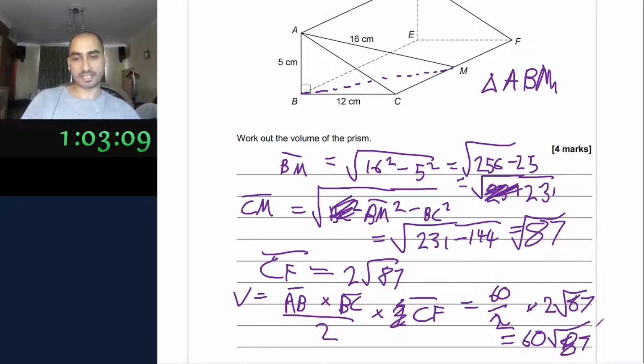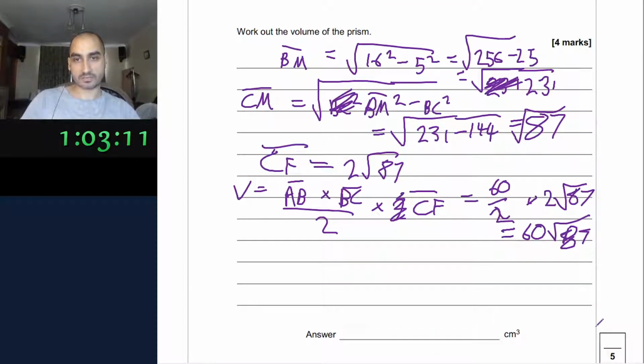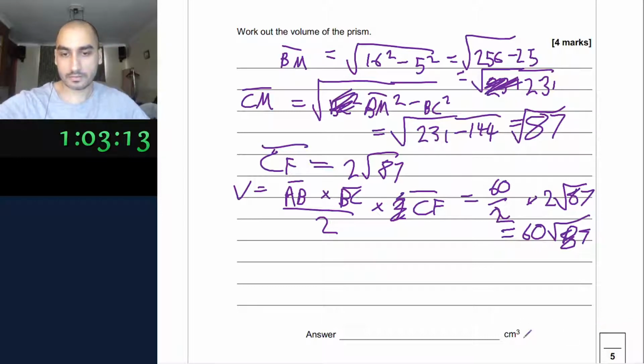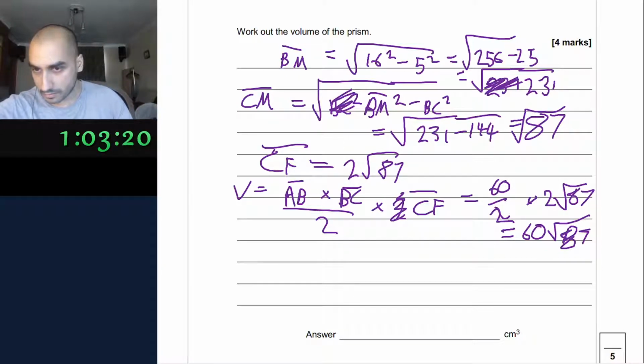87 looks ugly, but then it's a calculator paper, so maybe it's supposed to be. Okay, square root of 87 is 9.3 and so on, times 60, 559.6.